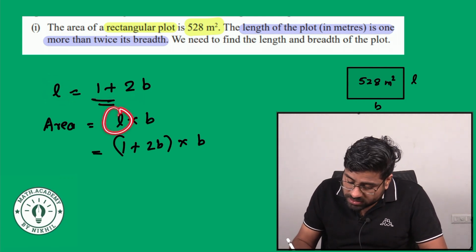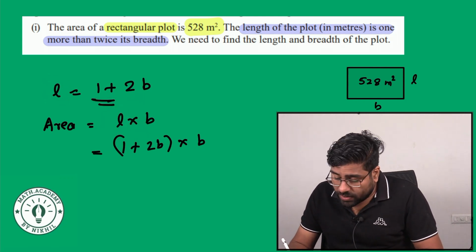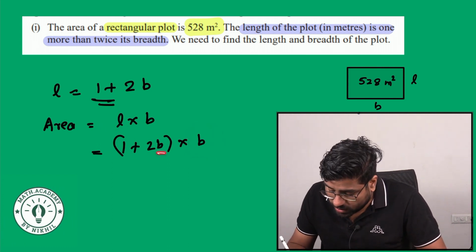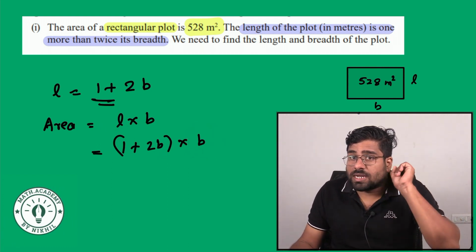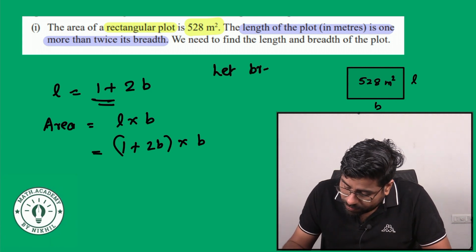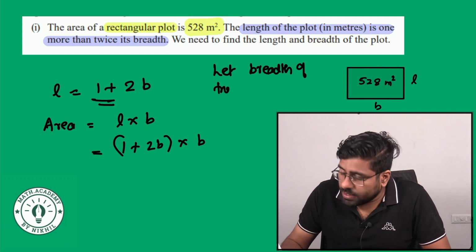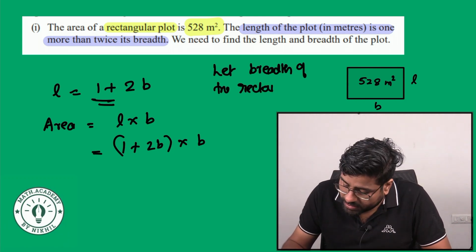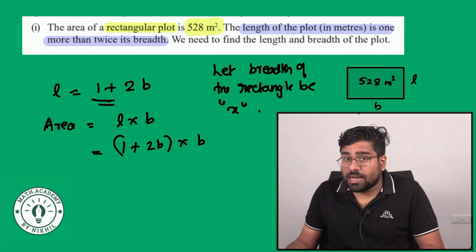So I will substitute the length in terms of breadth and keep the breadth as it is. Now you can see that I have only one variable, that is the breadth. So I will generally write, let the breadth of the rectangle be, I am calling it our standardized variable x.